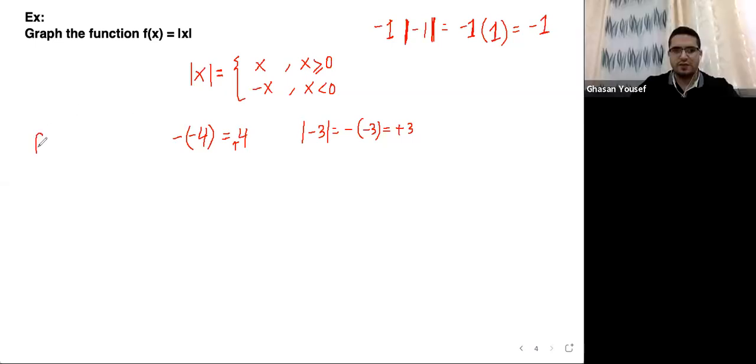For example, if I give you in the exam the absolute value of x minus 1, I'm not going to make it like this. I'm going to define it with a domain, when x is less than 1 or x is greater than 1. So in the exam, I'm going to make the question easier. I'm going to give you the function like f of x equal the absolute value of x.